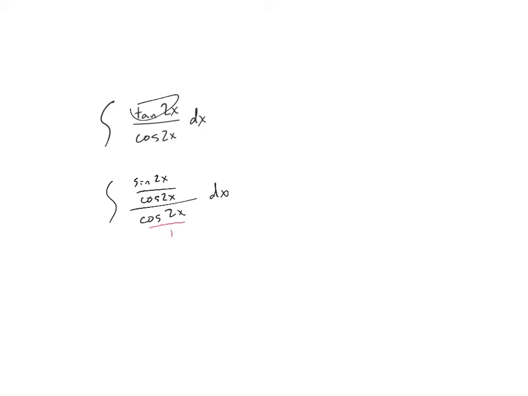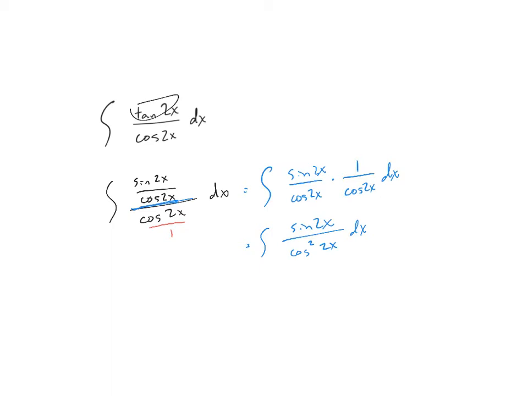This is over 1. So I can take now, and let's say that this is equal to sine 2x over cosine 2x times, so I'm rewriting this big division bar as multiplication and flipping the denominator over, 1 over cosine 2x dx. Now I've got my cosines both in the denominator, sine 2x over cosine squared 2x dx.